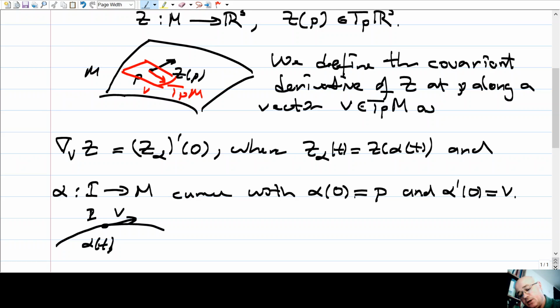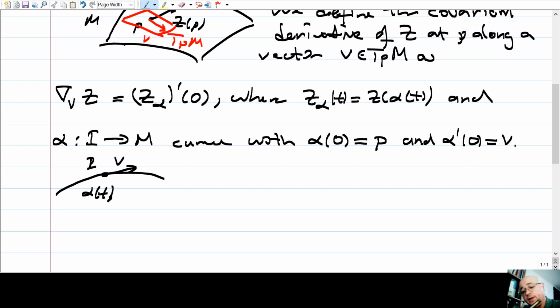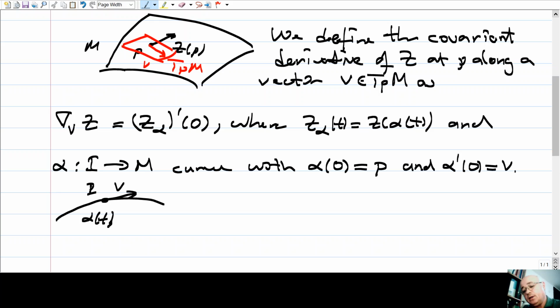When t is 0, you are at the point p, and the velocity vector is just v at that point. This is how we take derivative of an object. In this case, that object is the Euclidean vector field on the surface M, which is Z. All right.